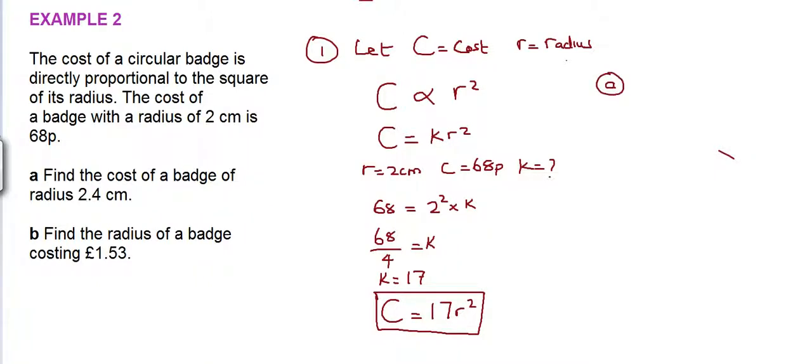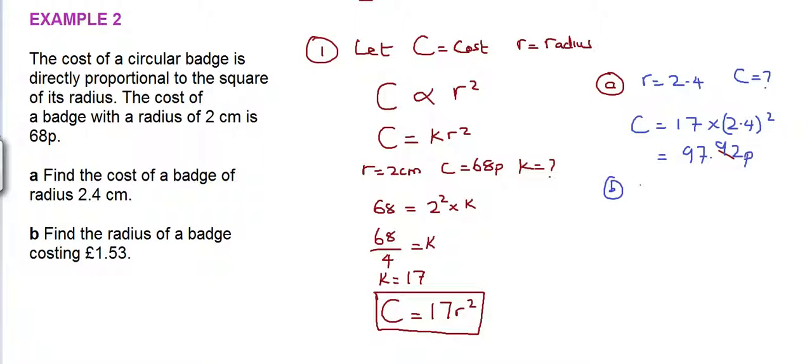We're given r equals 2.4. We should find c. So c equals 17 times 2.4 squared. This gives us 97.92 pence.